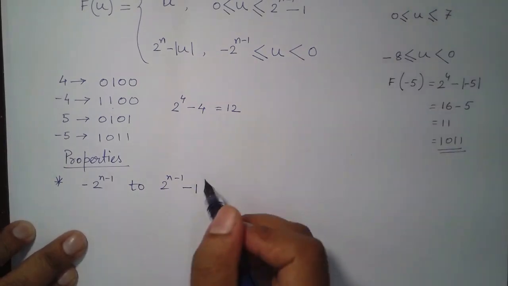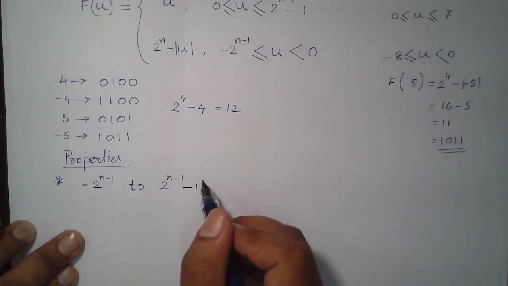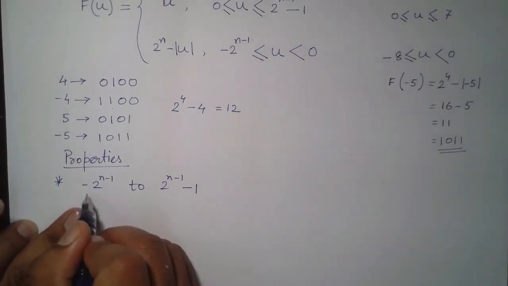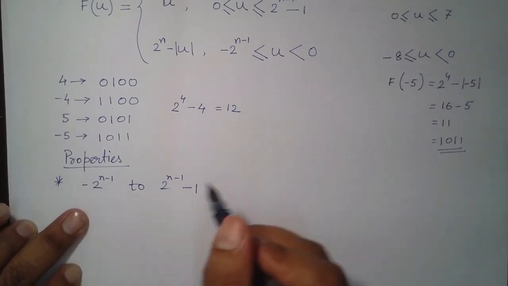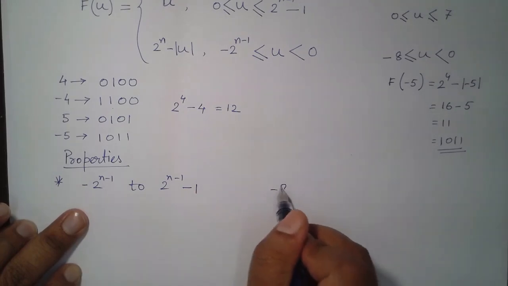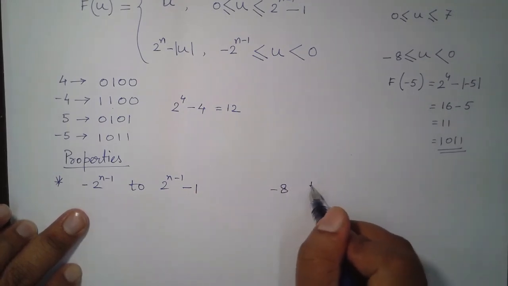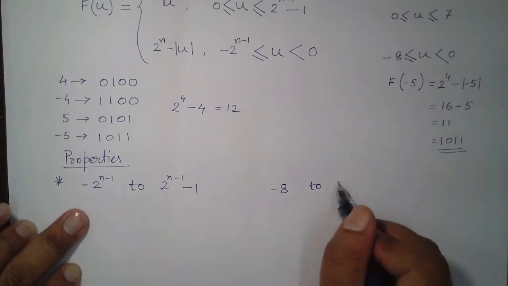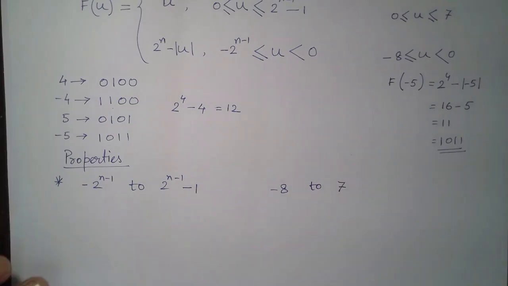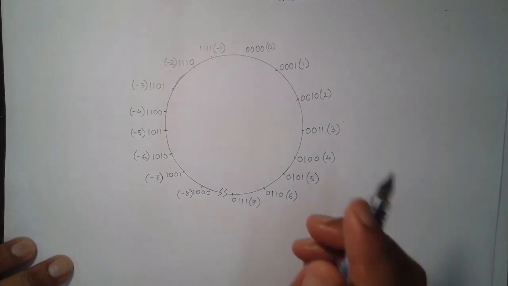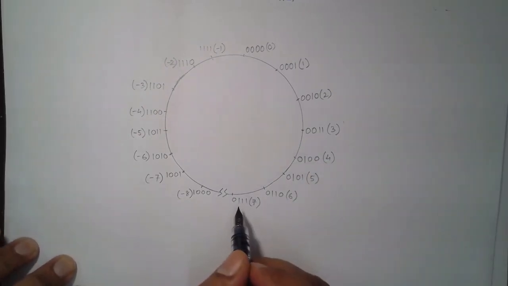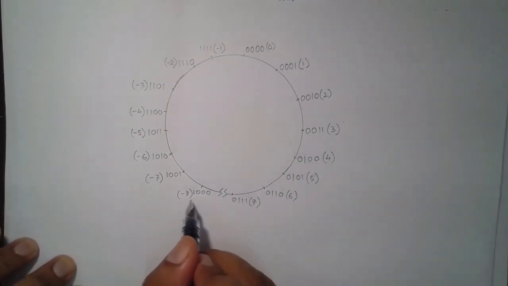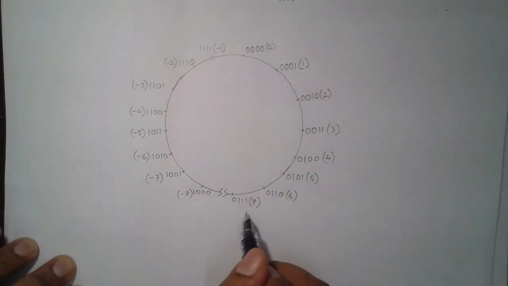Again we can look at the 4-bit number system which we have been looking at. Minus 2 to the power n minus 1 means from minus 8 to 2 to the power n minus 1, minus 1, which is 7. So in the number circle, we have represented all the numbers from minus 8 to plus 7.